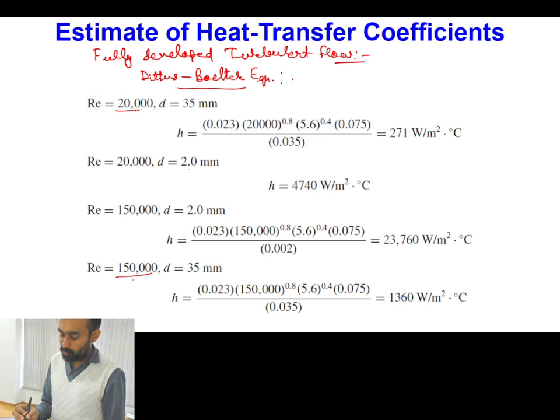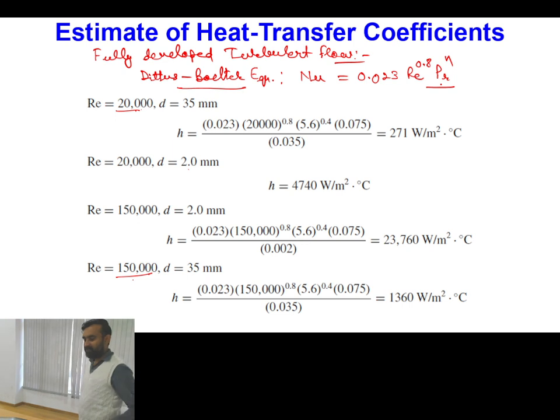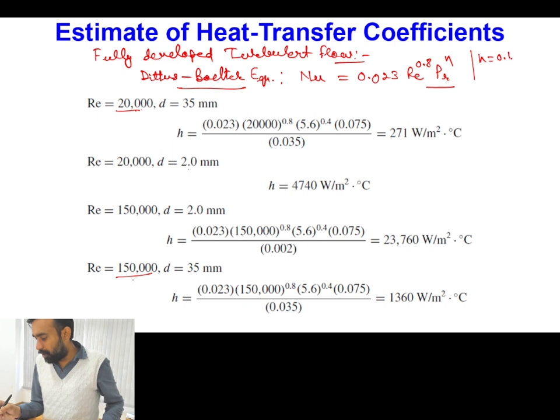As per the Dittus-Boelter equation, Nusselt number is equal to 0.023 into Reynolds number power 0.8 and Prandtl number power n. Okay, where n is equal to 0.4 if heating of the working fluid is taking place.